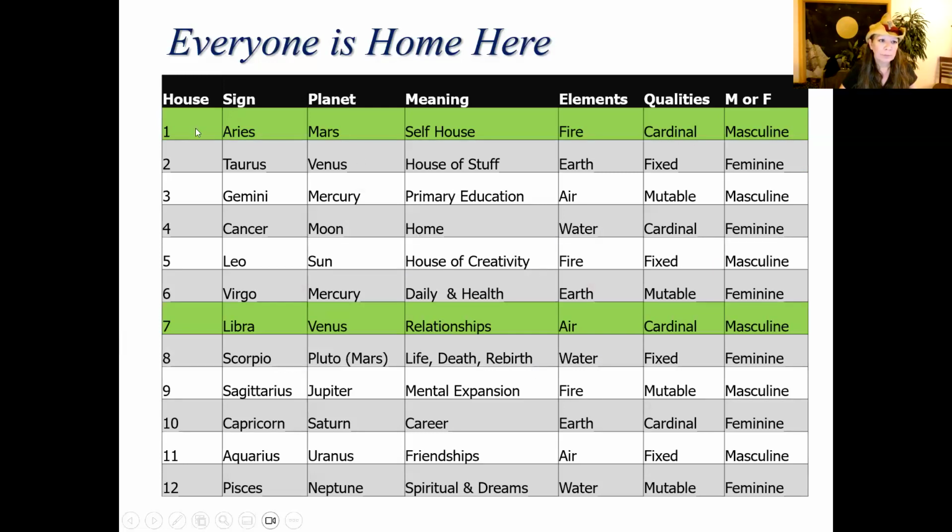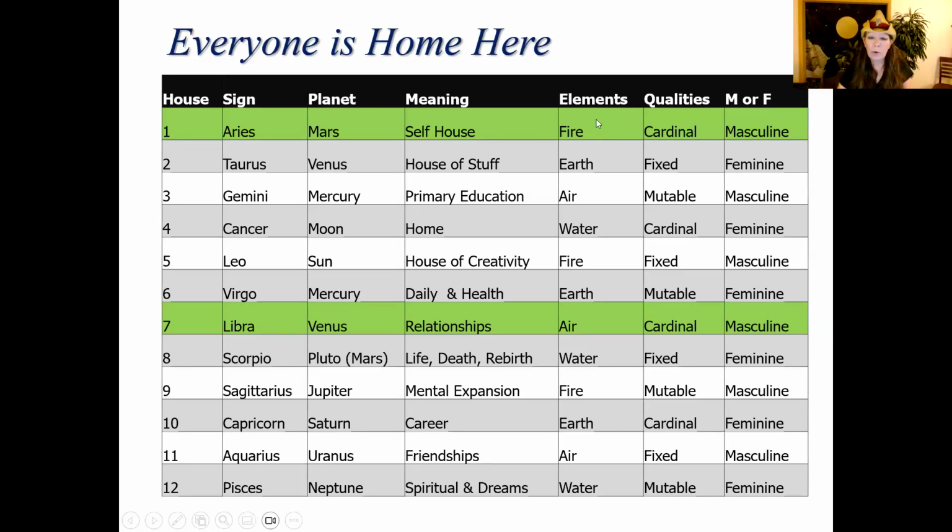So here we go. Once again, this is the same chart that I put, except I added a couple of things to help us understand a little bit more. The one that I showed before had the house, the sign, the planet, and the meaning of the house. Then I decided to throw on the elements, the qualities, and male or female.